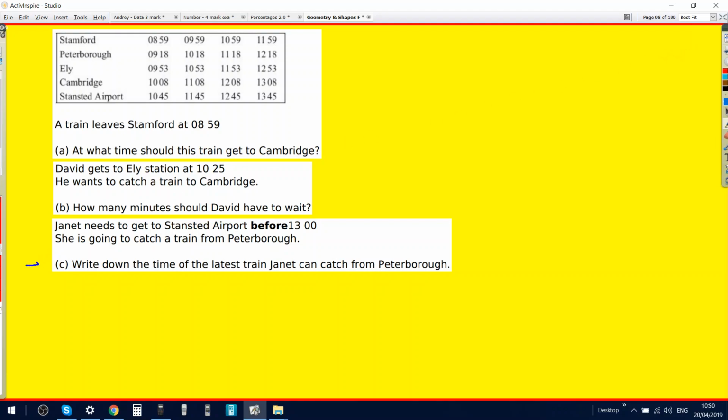How about C for this one? She needs to get to Stansted Airport before 1 o'clock. She's going to catch a train from Peterborough. Before 1 o'clock, leaving at Peterborough. So the latest train she can get is 11:18. 11:18 Peterborough.